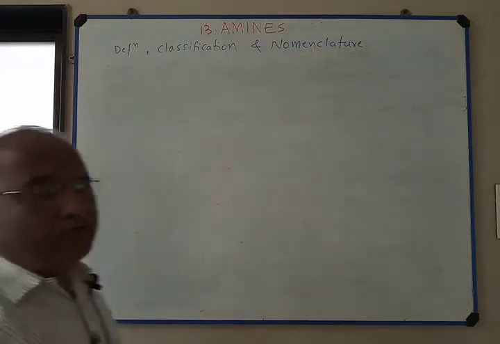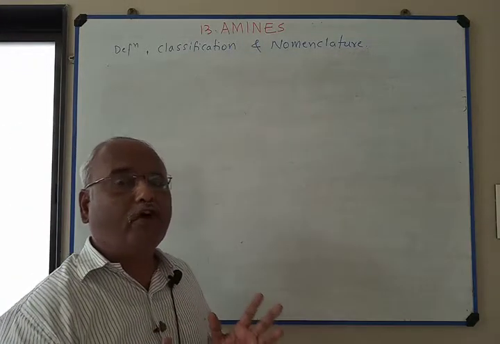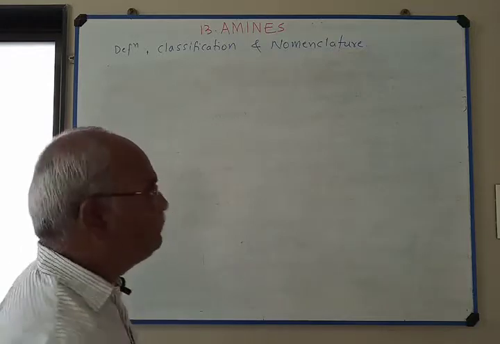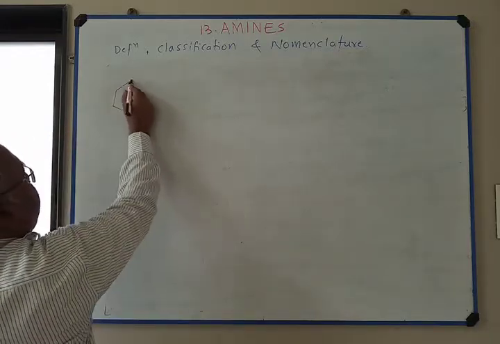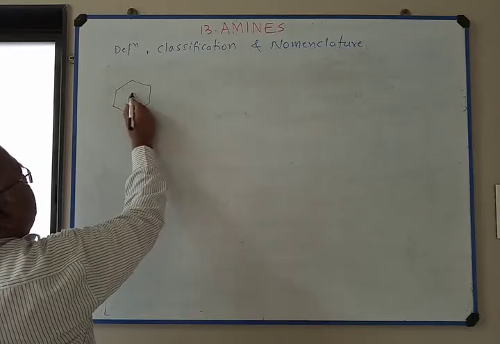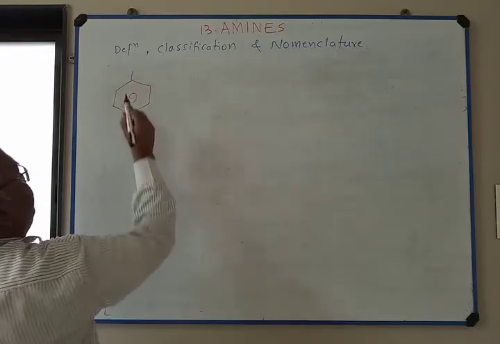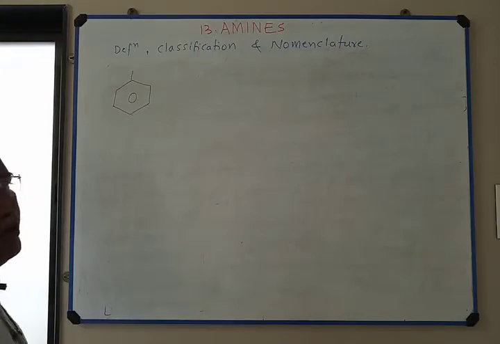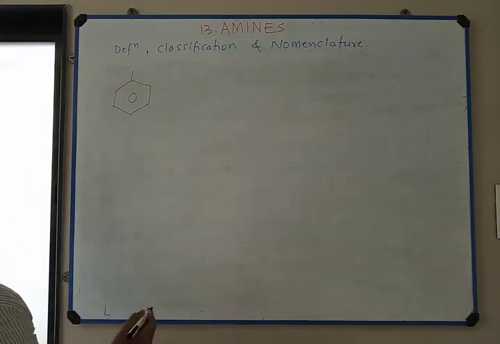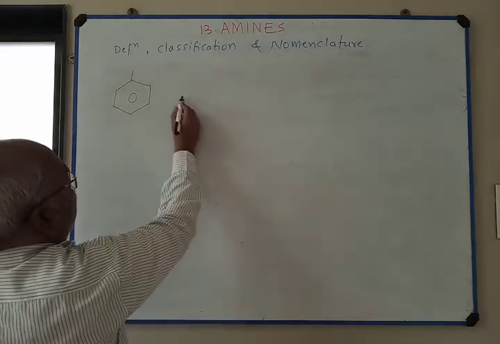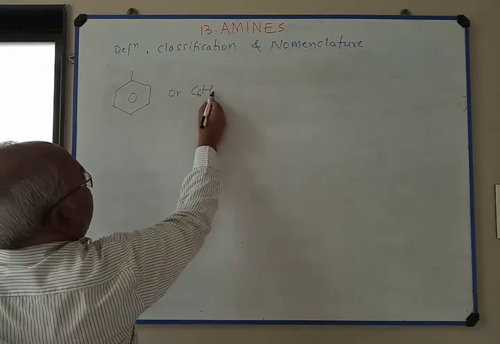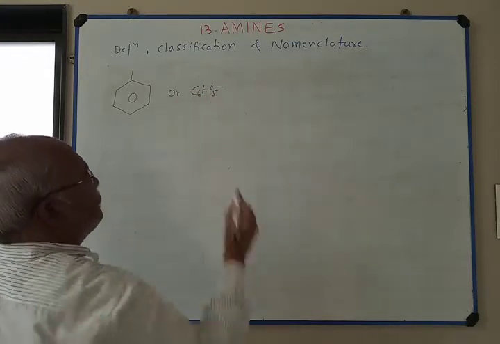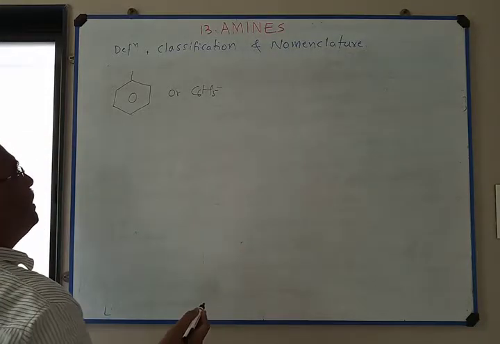Now we are going to study nomenclature of aromatic amines. Look here, this is a benzene ring. From this benzene, when one hydrogen is removed, the group is called phenyl group and it is represented by the C6H5 formula.